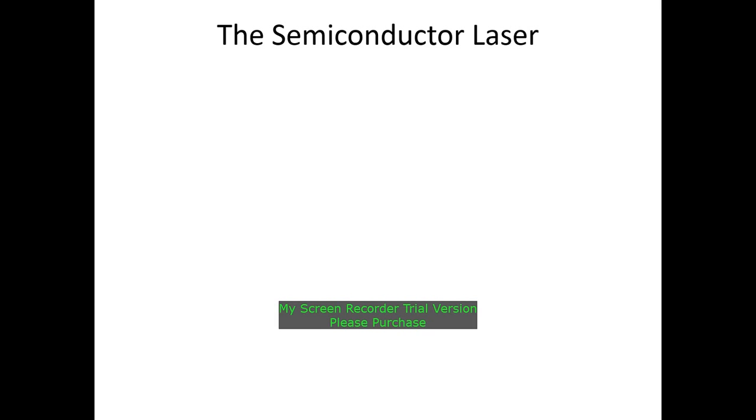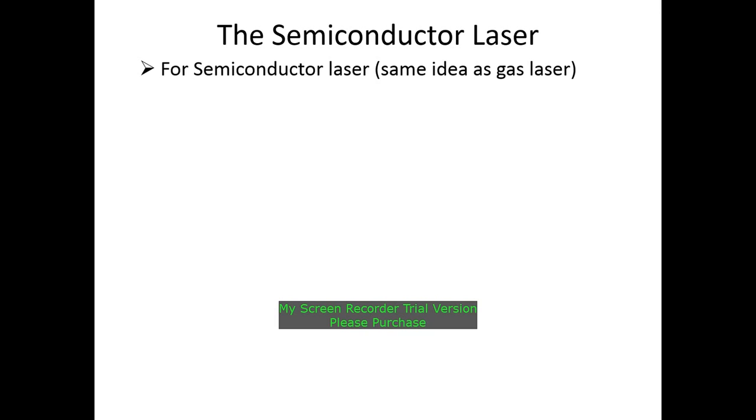Now let's look at the semiconductor laser again. For the semiconductor laser, we have a similar idea. Remember the p-n junction. If we forward bias the p-n junction, the carriers will distribute in both the valence band and the conduction band. This distribution can make N2 larger than N1.